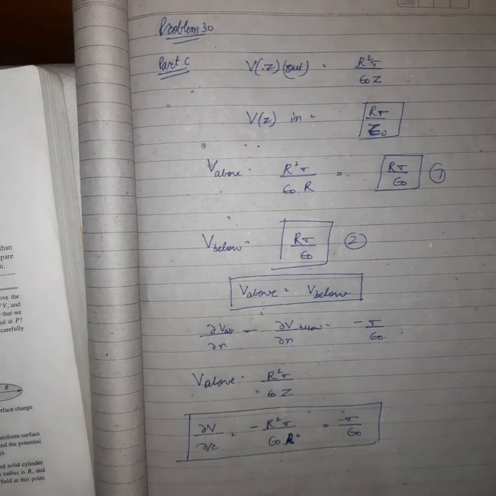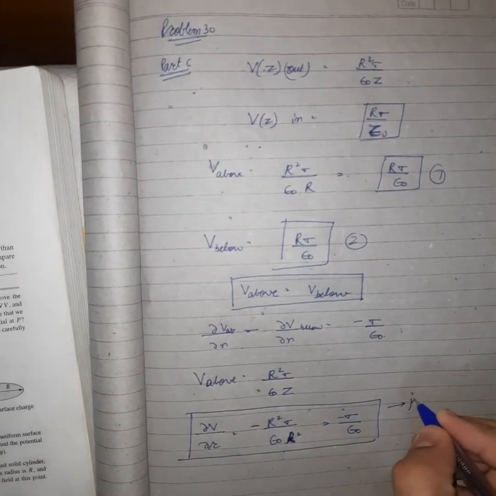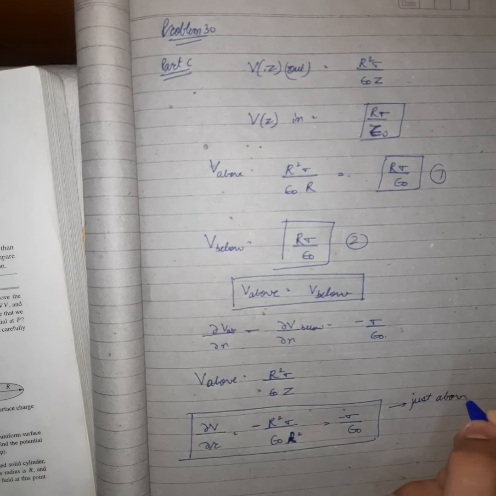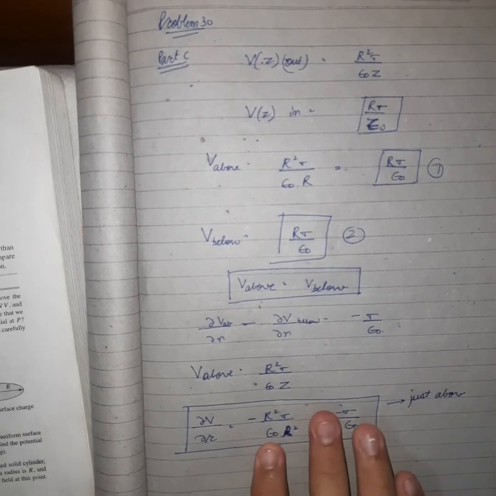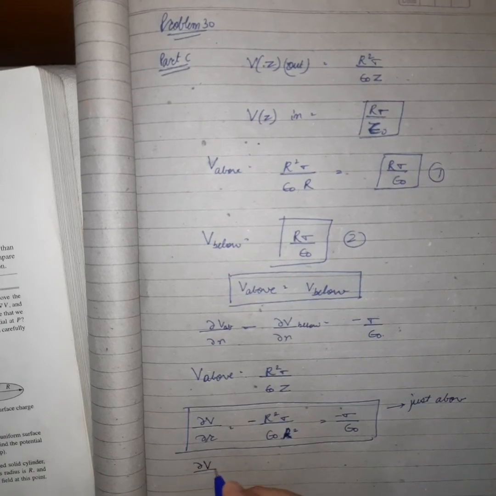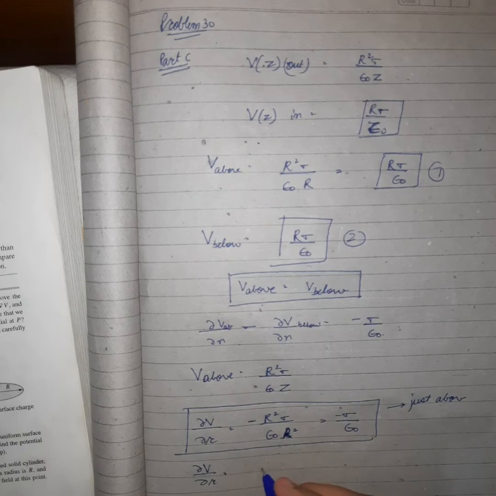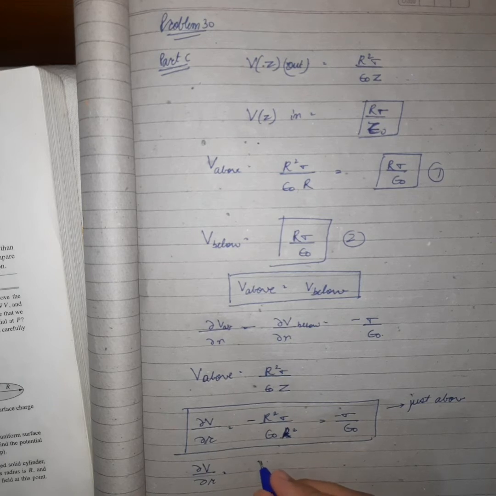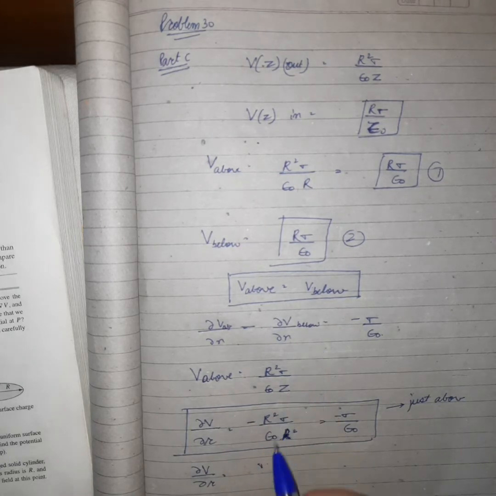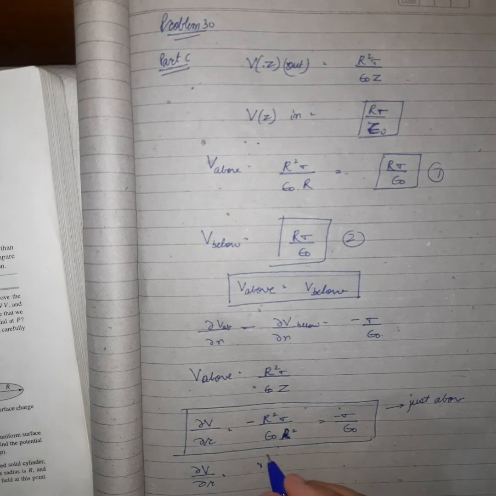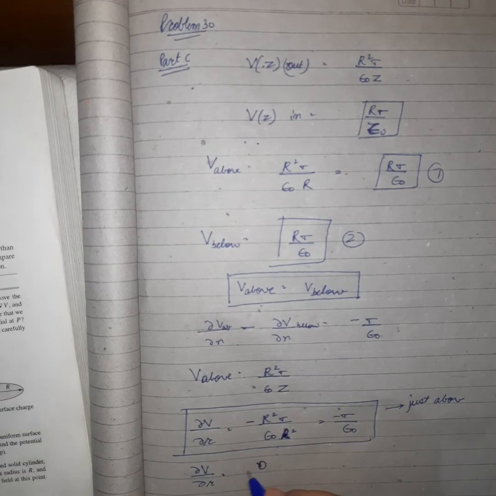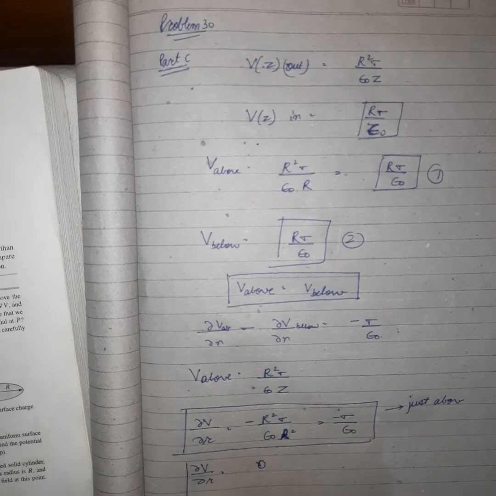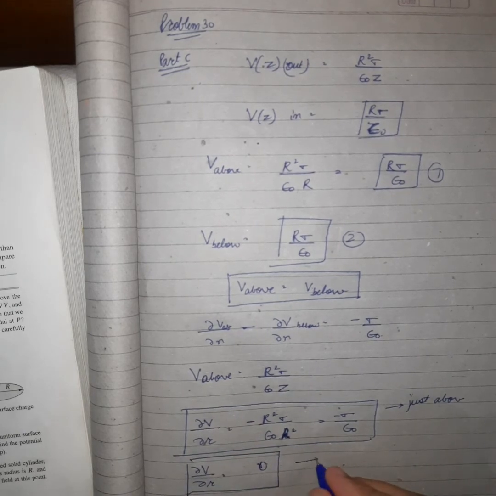I hope you can see it. Let me just focus. Yes, just above it is. And for just below, del V upon del r, for just below we get 0.